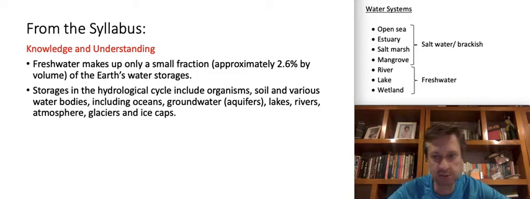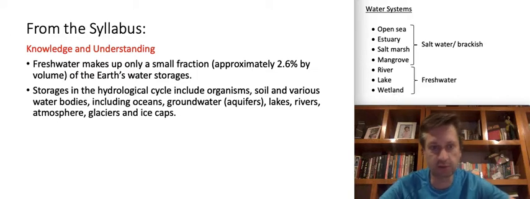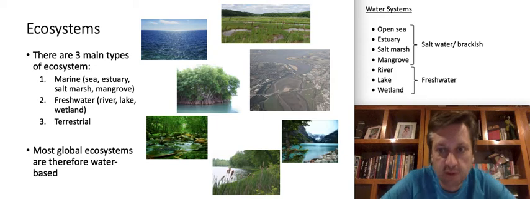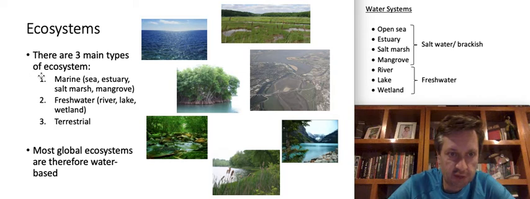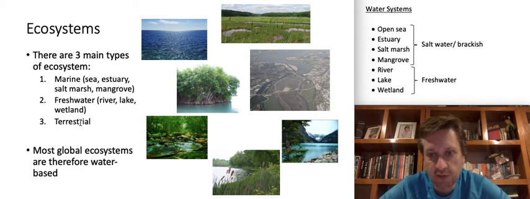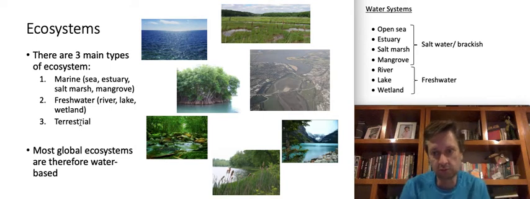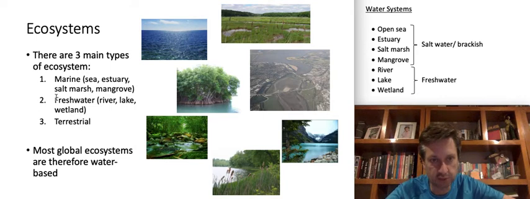Okay, so let's move on. We can get through this part of the course very quickly. On the planet, there are 3 types of ecosystems: marine, freshwater, and terrestrial. So 2 of the 3 are based on water systems, the marine and the freshwater. Marine systems, here we can see the open sea, the open ocean.